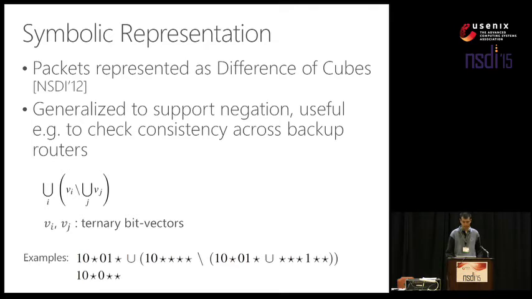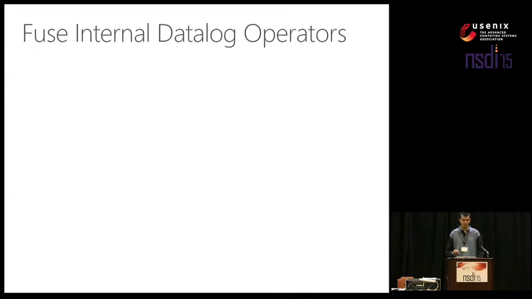Our second contribution is fusing internal Datalog operators. Datalog is traditionally from the database community, so it's not surprising that most tools are implemented using relational algebra. The idea is that some of these operators are not efficient for this particular domain.